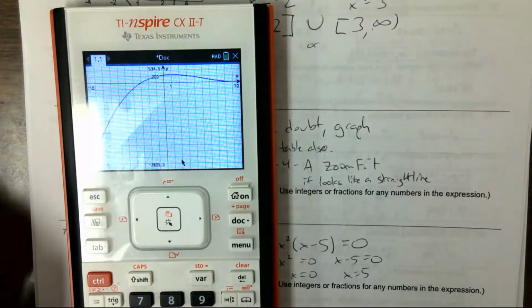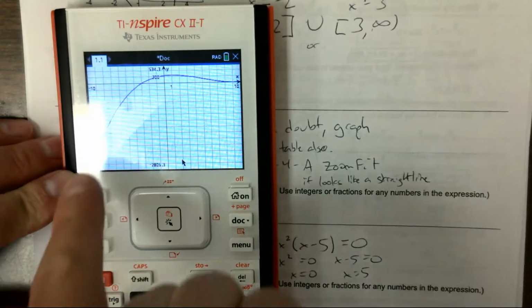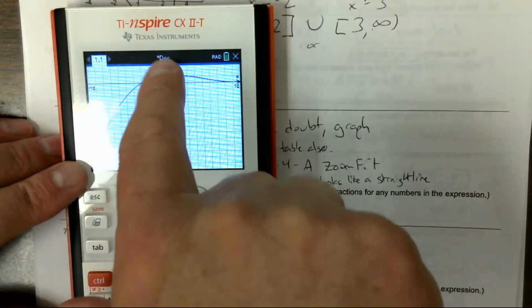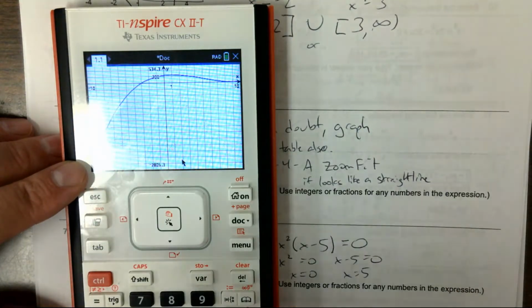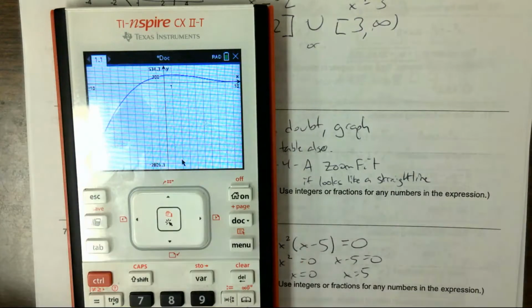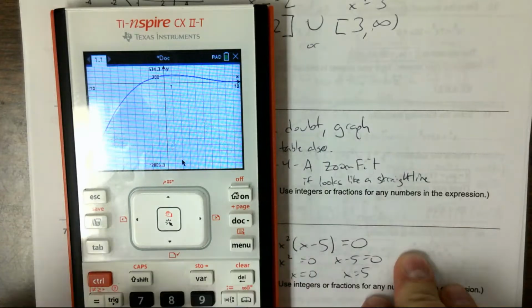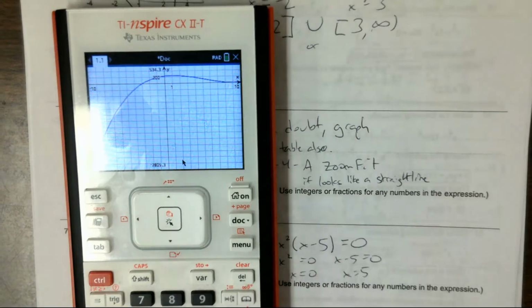Sometimes that helps, sometimes it doesn't, it just depends. If you're just looking at a wide dip, it does help, but if it's a really narrow dip, then it wouldn't help. So just use all your technology on your calculator and use your mind.